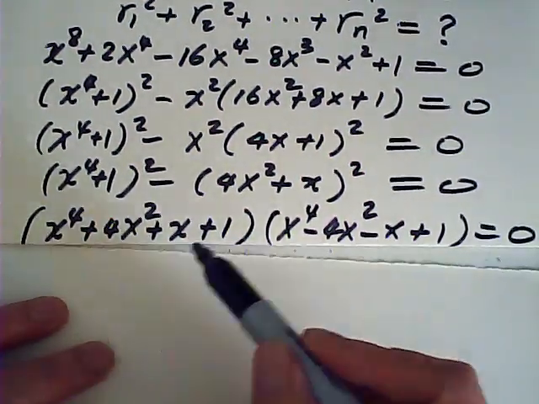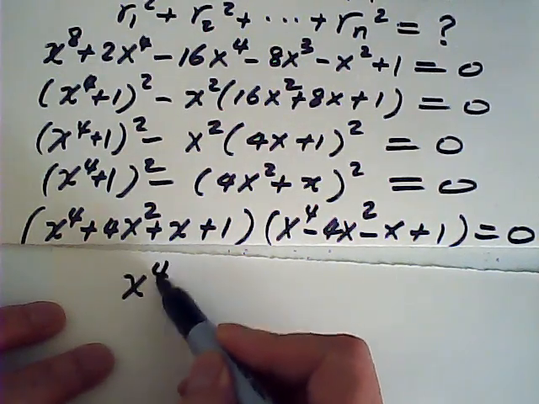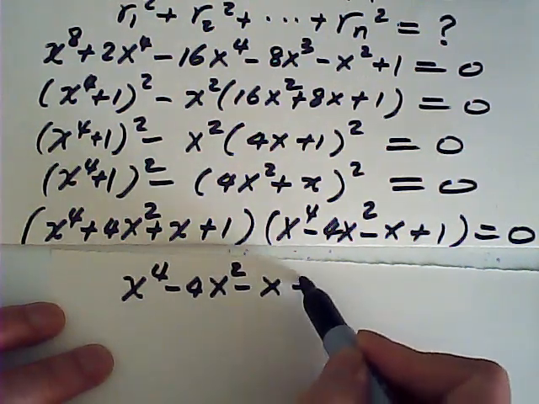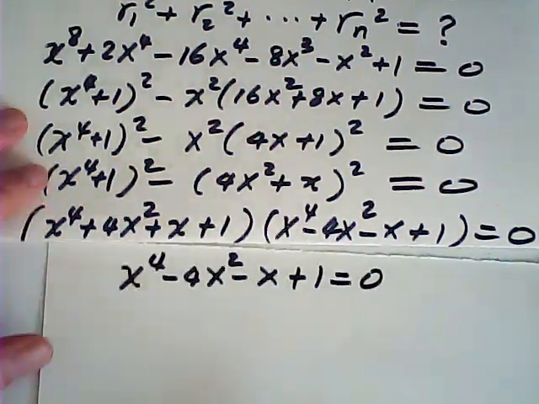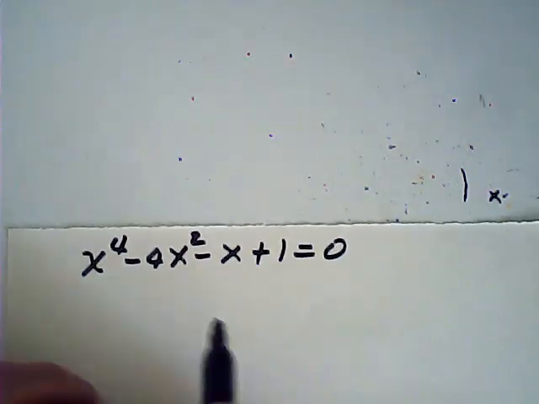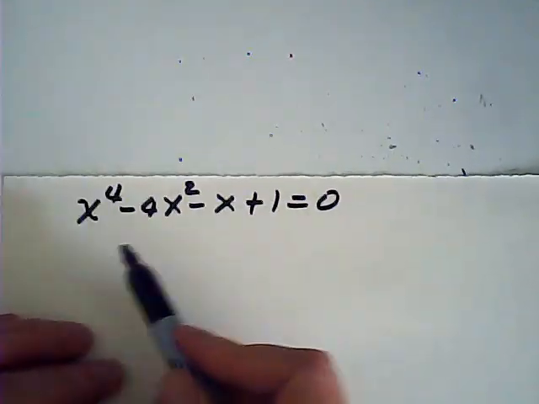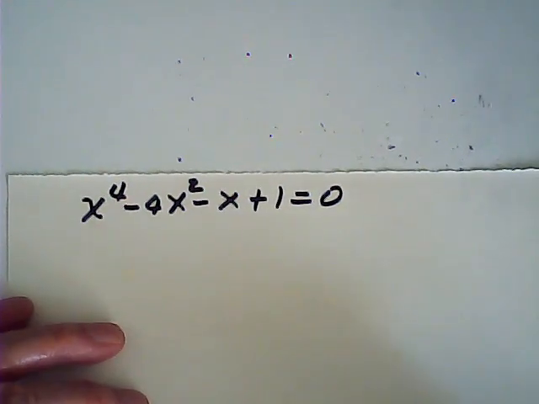We have only this, x to the fourth. Now we know that 4 roots are there. Real 4, they are all real.